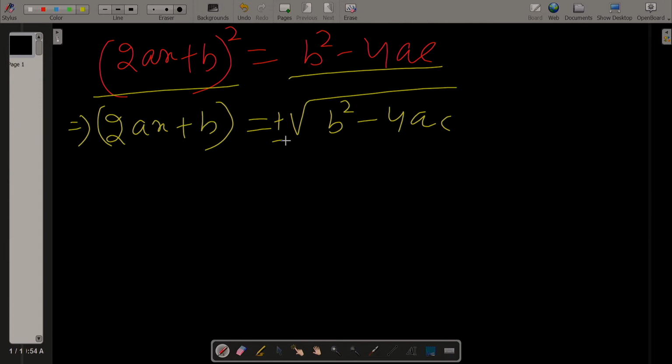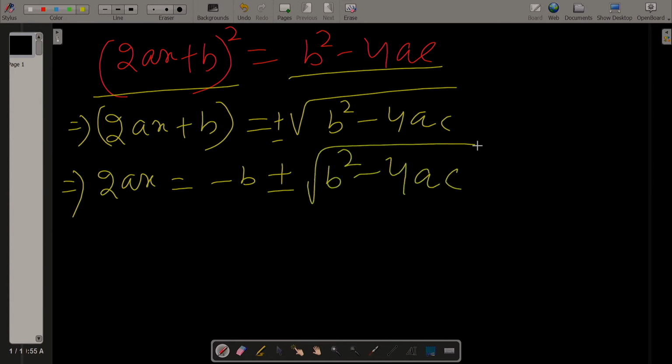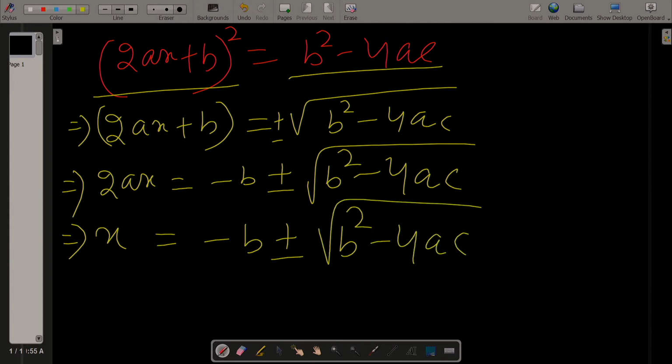Then I can write 2ax equal to minus b plus minus the square root of b square minus 4ac. So the value of x is equal to minus b plus minus the square root of b square minus 4ac, divided by 2a.